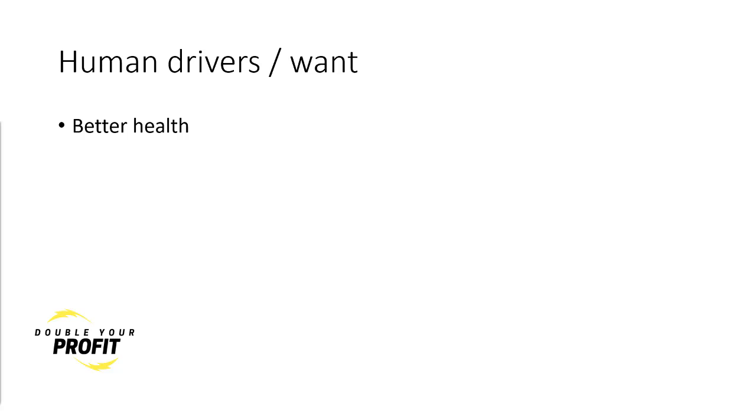Okay, so better health. If you can connect your product or service to this kind of appeal which gets people better health, it gets response. Okay, second thing, we want more comfort.